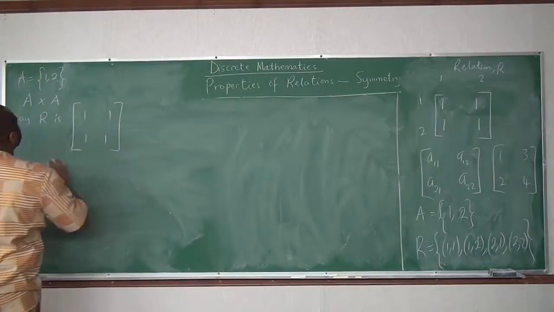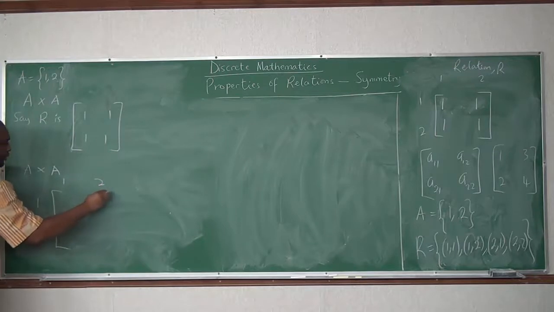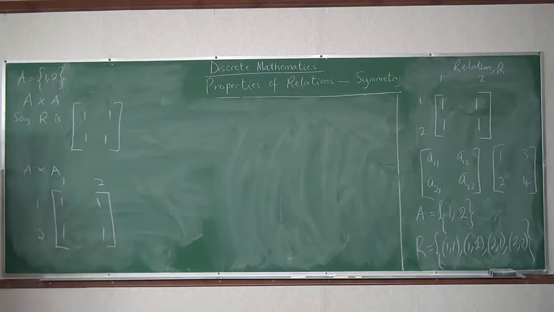So here, if we do A by A, this will look like something like this: 1, 2, 1, 2, and this is 1, 2, to give you 1, 1, 1, 1.